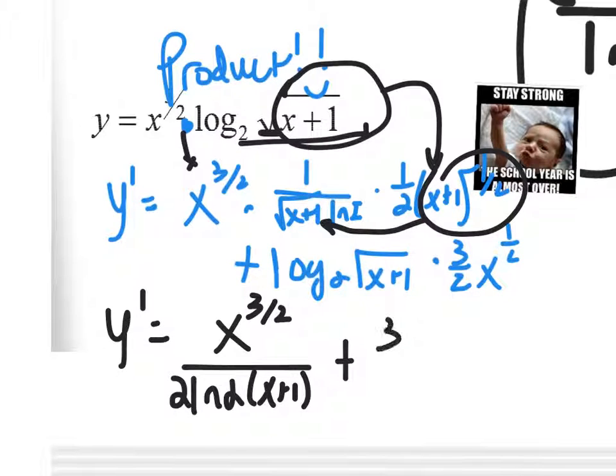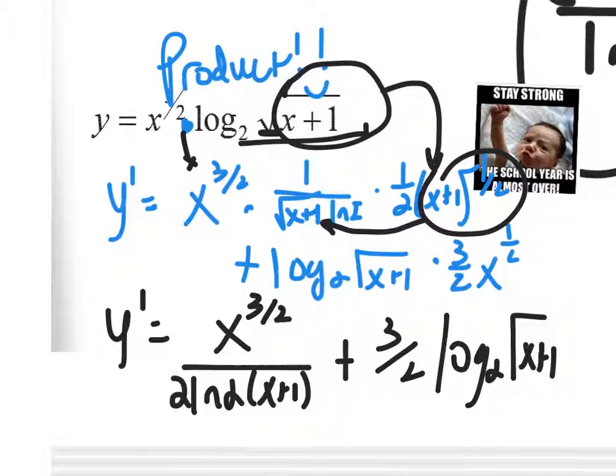And then it's plus 3/2 log base 2 of radical x plus 1 times radical x. Technically, you can combine these if you want to into one big radical, but you don't have to. If you kept going, awesome, great, good job. Okay, anyway.